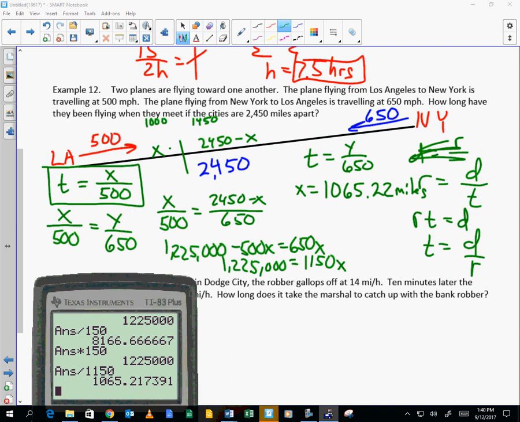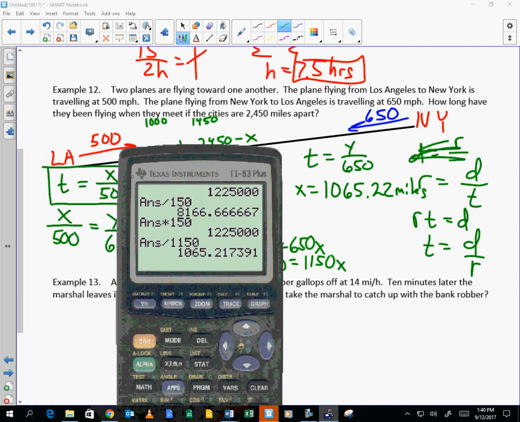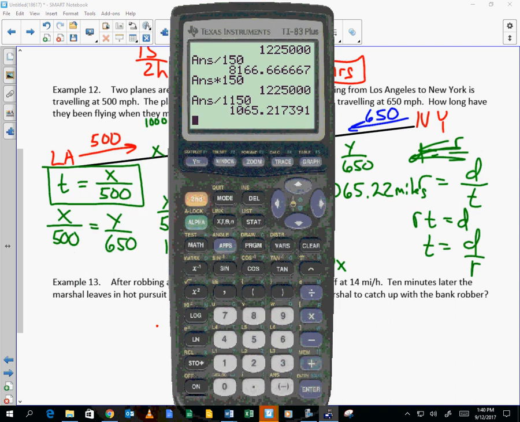But yeah, if we simply just divide by 500, that will tell us then the time. 2.13 hours is the total time that they've been traveling.